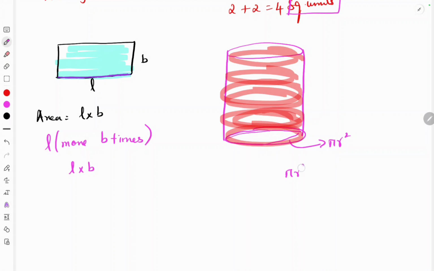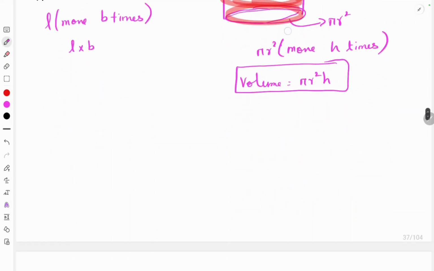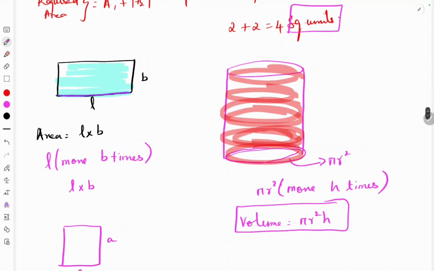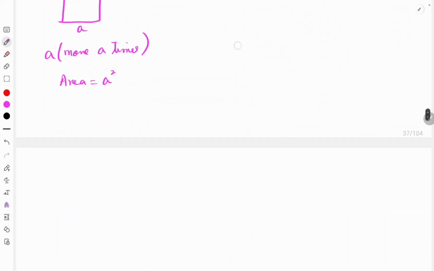So this pi r square we move h times, which means volume equals pi r square h. Same thing, if we have a square with sides A and A, this A we have to move A times, so area equals A square. Like this concept only we are going to use here.